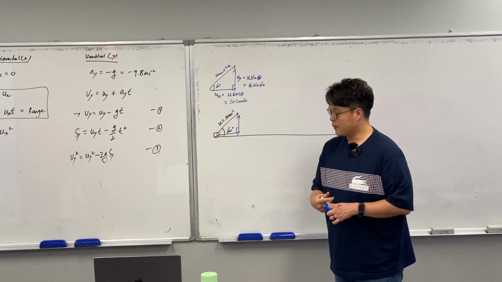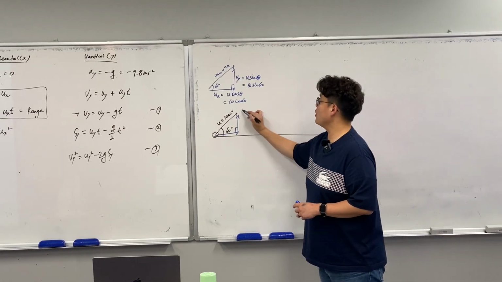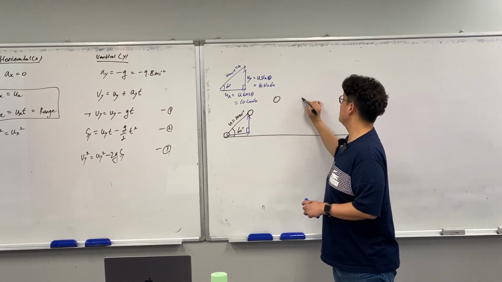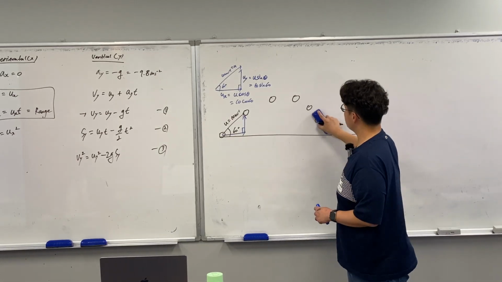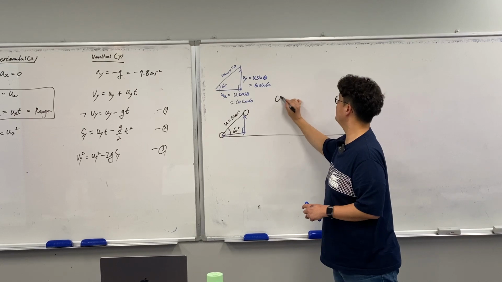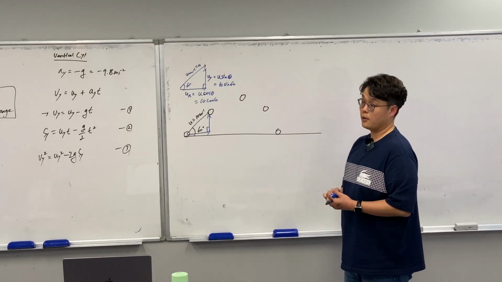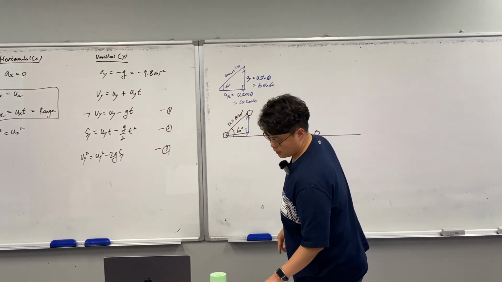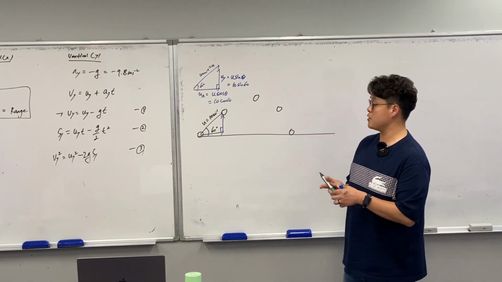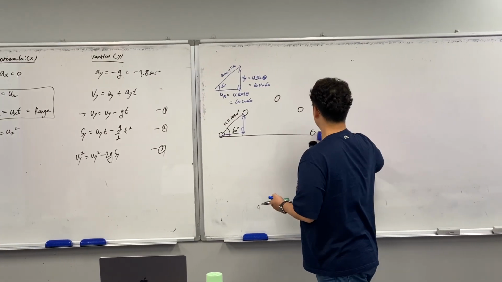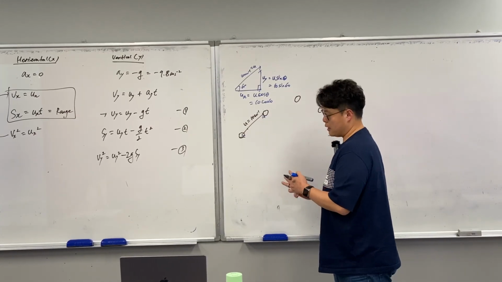The motion of the ball, if we projected something in that direction, have a think about it. If we're creating this kind of motion, same as when you're kicking a ball. I'm going to use green for the verticals and blue for the horizontal. Initially, let's have a think about it in here.